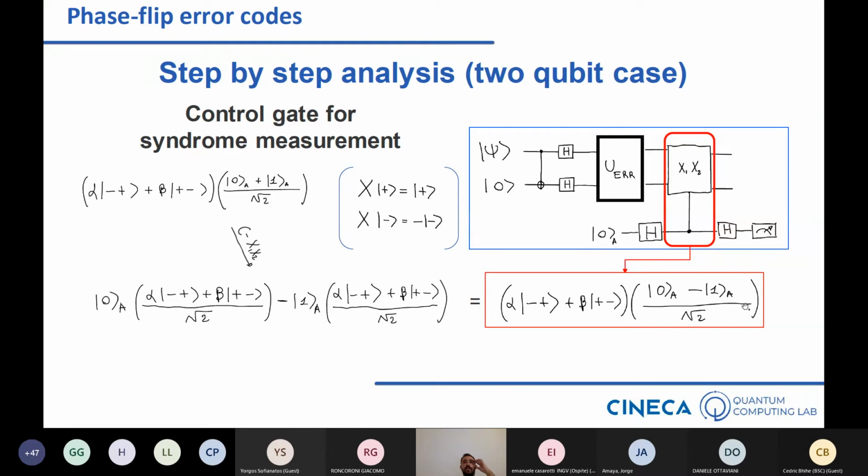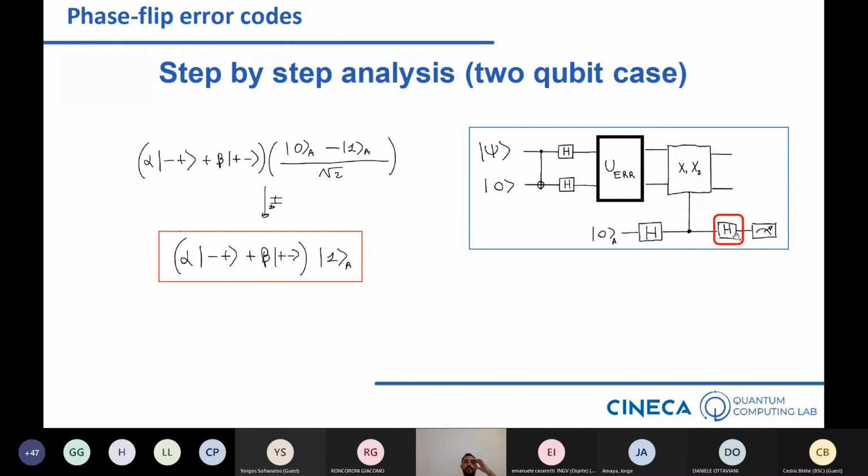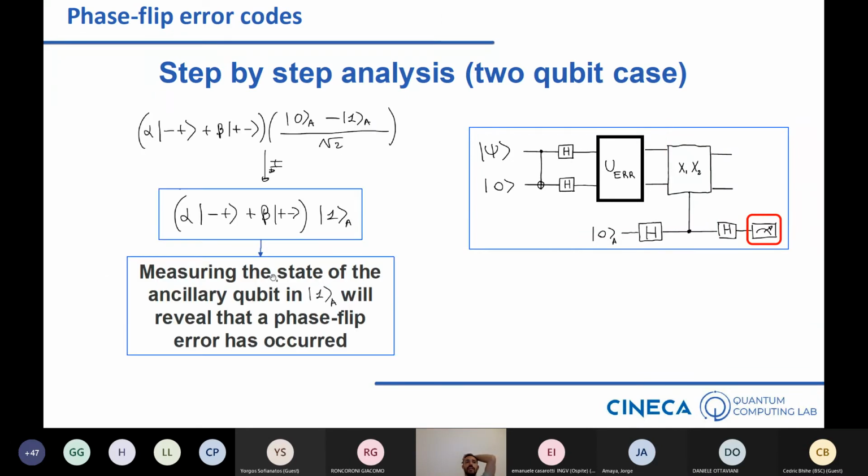Okay, and again with the Hadamard gate at the end, you get this final state by measuring it again. And in case of error, you get the state 1 in the ancilla with certainty.